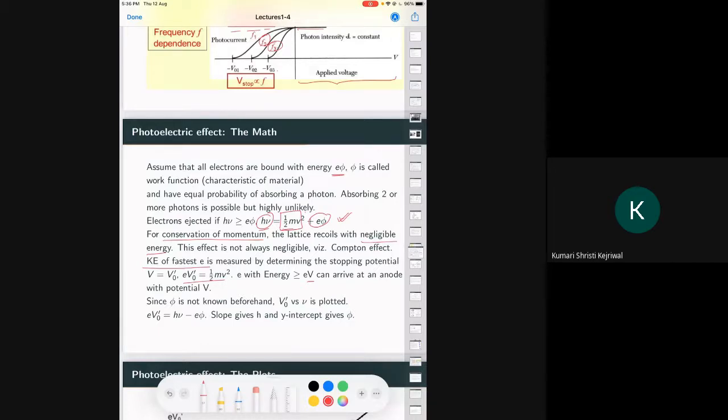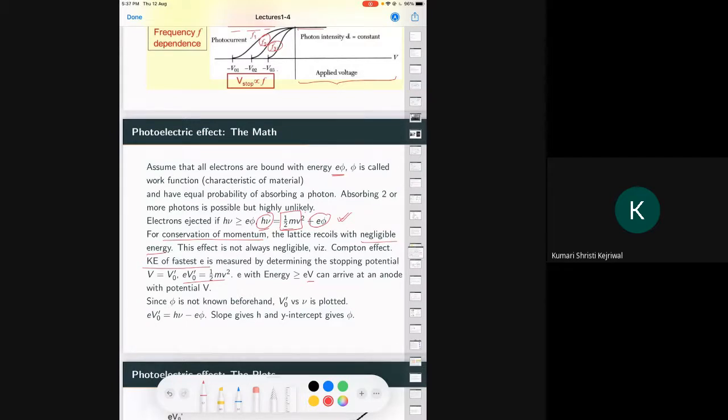I mentioned this because in Compton effect, you have to really consider the recoil, because there the recoil is of a single electron, and the energy transferred to that electron is no longer negligible. But in photoelectric effect, since this is a full metal lattice with a very large mass, the proportion of energy that goes to it is very small, so you can neglect it.